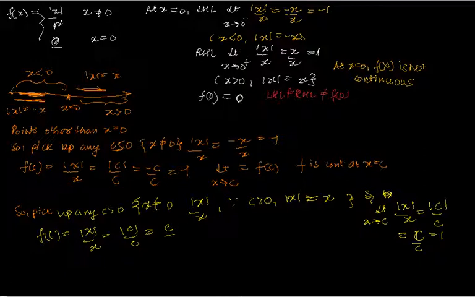This will be c upon c because mod of c is equal to c, and hence this will be equal to 1. So your limit as x tends to c is equal to the value of the function at c. So f is continuous at c greater than 0.